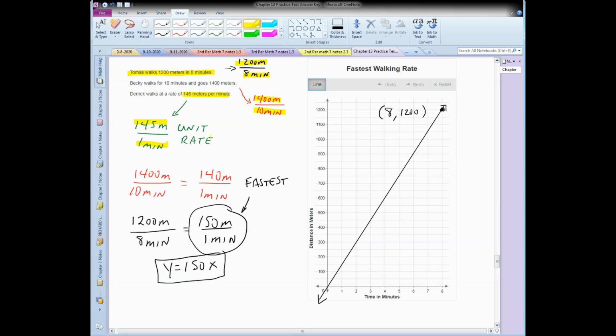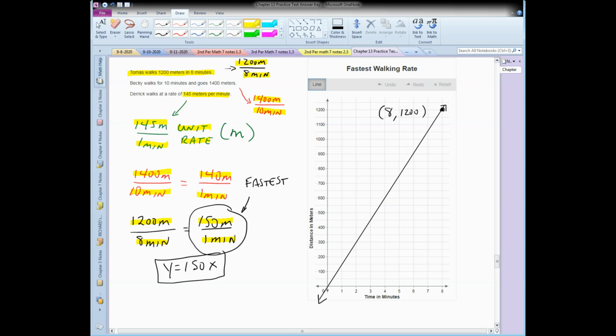So this is a unit rate. And remember, unit rate, that is the slope. Okay, so I want to change these other rates right here, 1,400 over 10 minutes, into a unit rate. That way I can compare them. I can compare what Becky did and Thomas did to what Derek did.